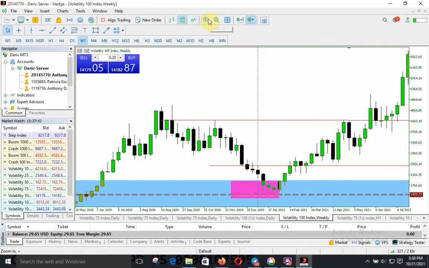Now let me show you another thing here. Look at this bearish candle here. It would have been a very nice order block. When price came back down and hit this particular bearish candle, this is the bigger bearish candle, usually the last bigger bearish candle move before the rally up.